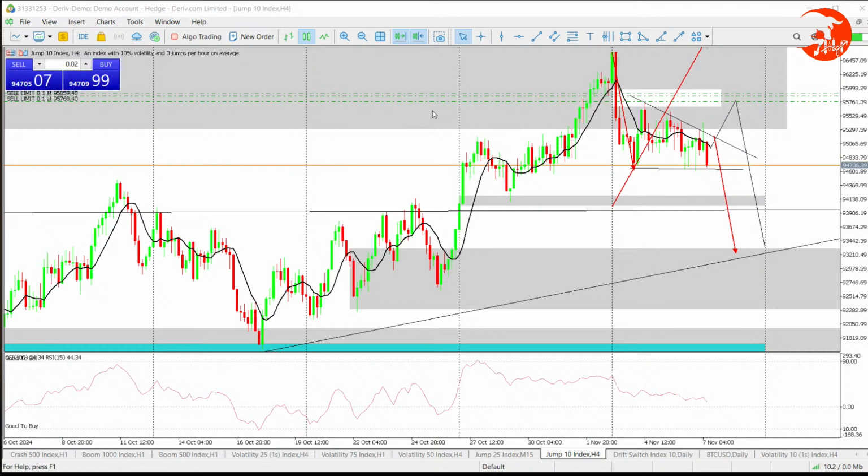You can still trade Volatility 50 with a lot size of 0.1 or 0.01. I need you to understand that, so that you can always protect your account.